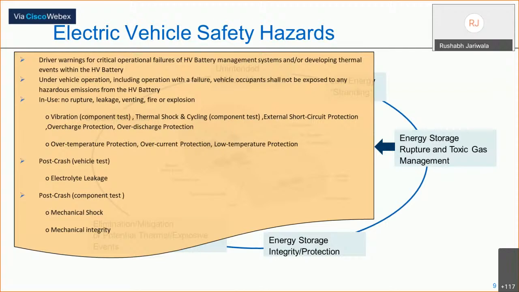And then under vehicle operation, including operation with a failure, vehicle occupants shall not be exposed to any hazardous emissions from the HV battery.